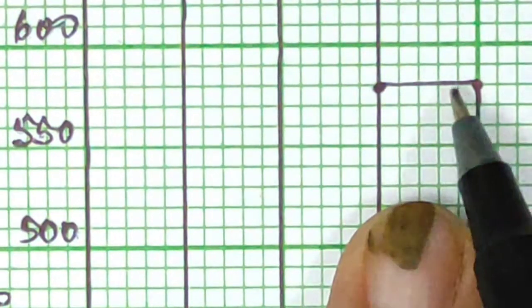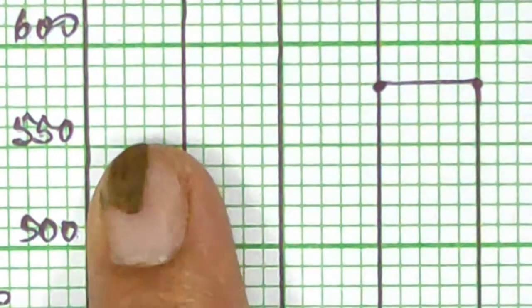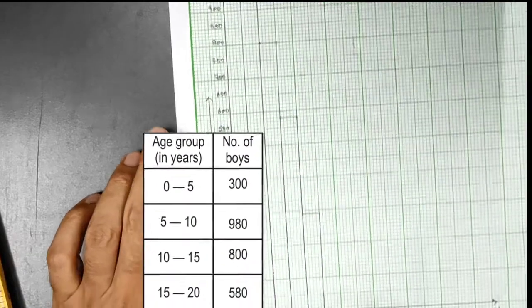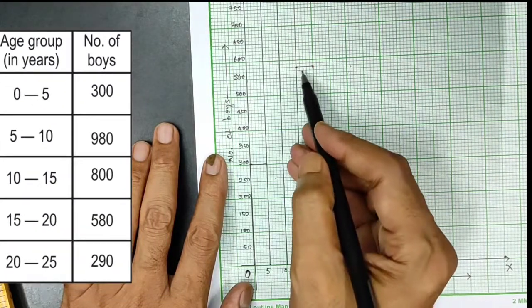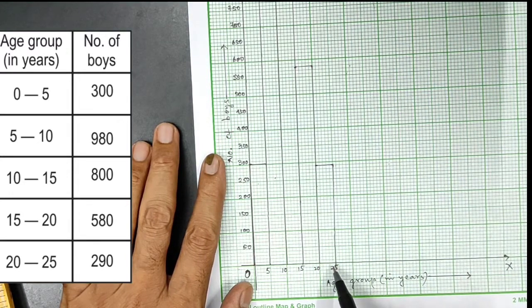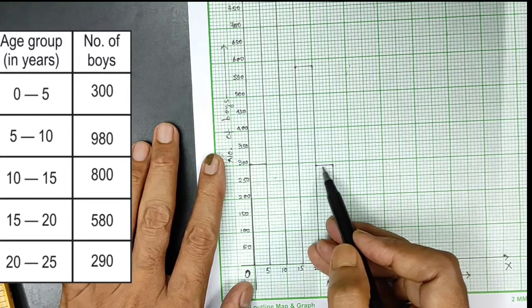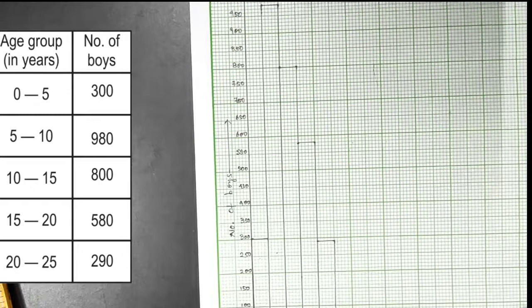The top of this bar, corresponding to 15 to 20, reaches 580. The next bar is 20 to 25, the last one, that is 290. In the same way, you will measure 290. The entire histogram will look like this.